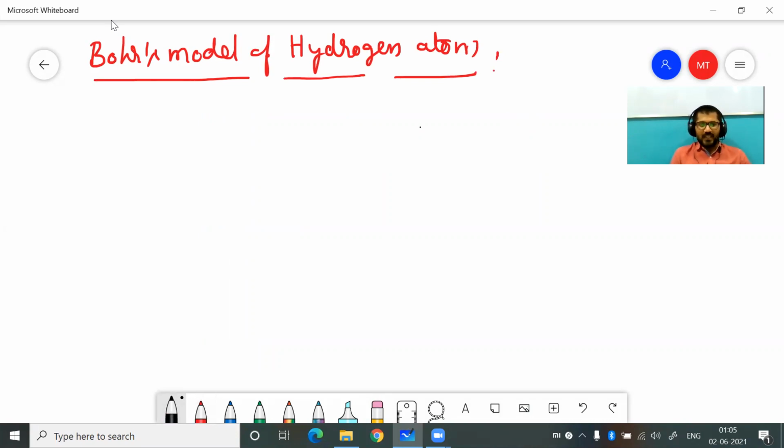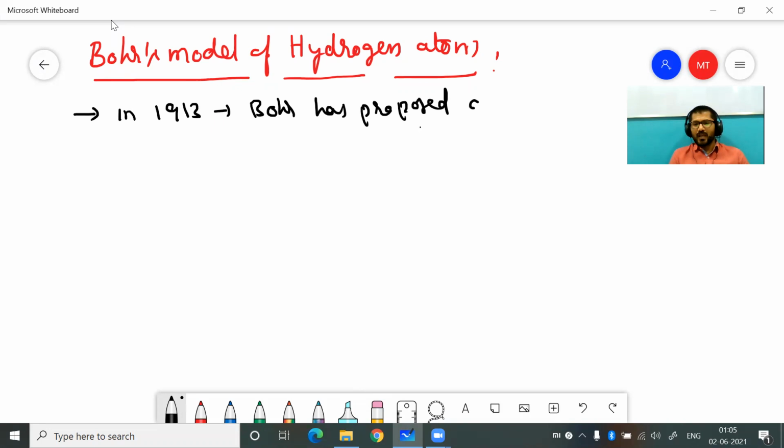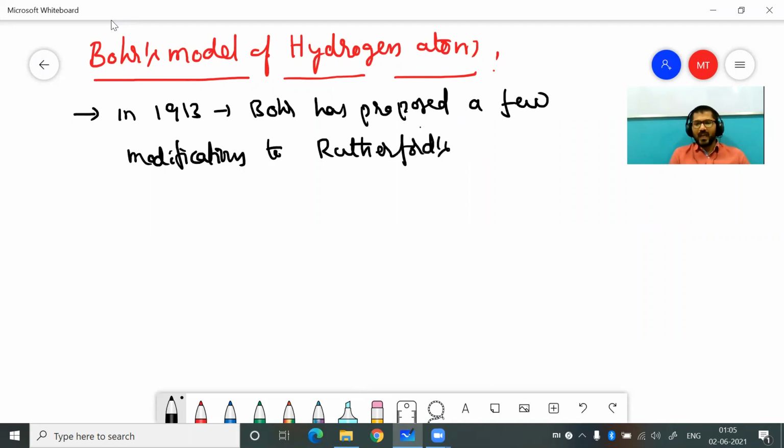Actually, in the year 1913, Bohr proposed a few modifications to Rutherford's atom model by applying Planck's quantum theory.